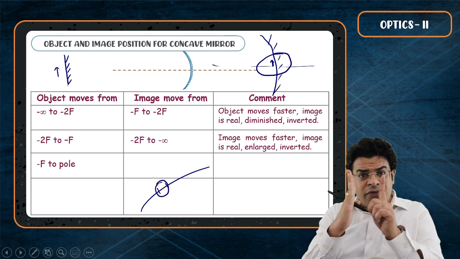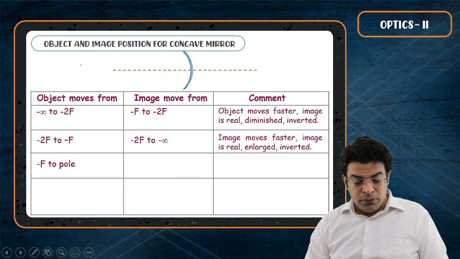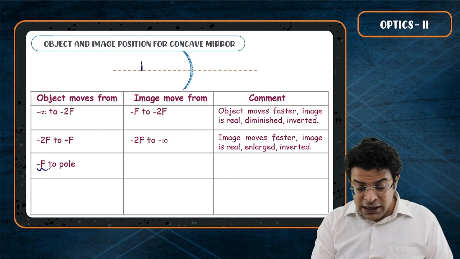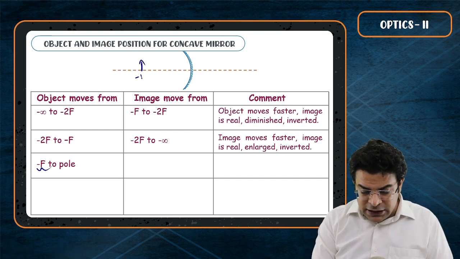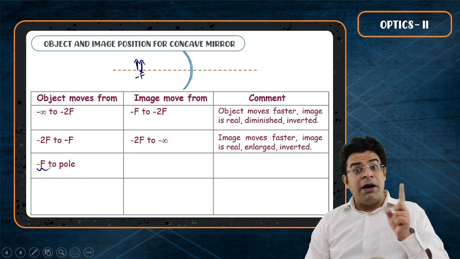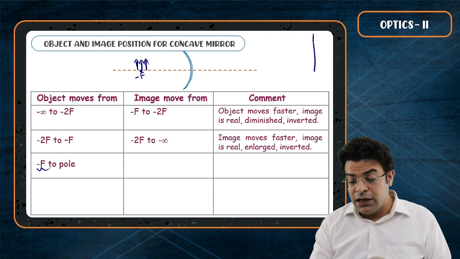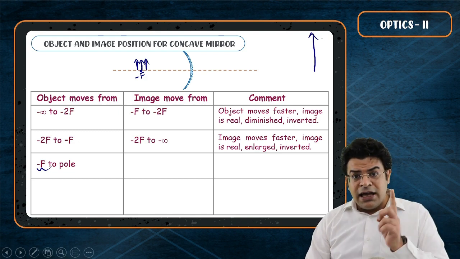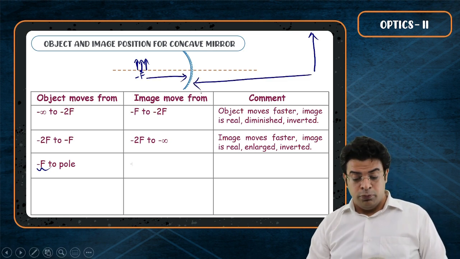So when the object reaches the pole, the image is also at pole. And when the object is at focus, the image has to be at infinity. Now just outside minus f, if the object is just here, the image is at minus infinity. But just inside minus f, the image is at plus infinity. So as the object moves from minus f to pole, the image moves from plus infinity to pole.